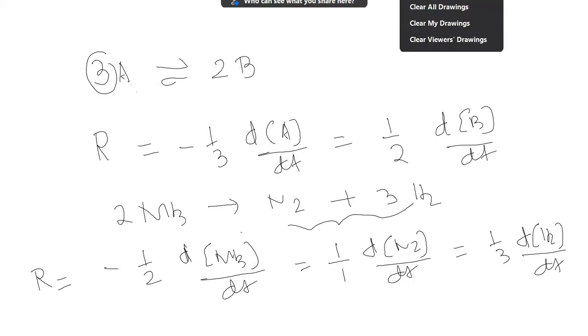Now, in chemical kinetics, we come across these words. One of them is called molecularity and the other is order. Molecularity: what is molecularity?